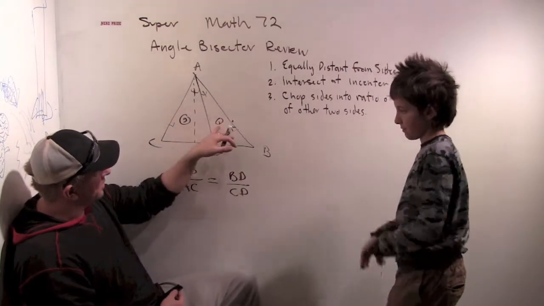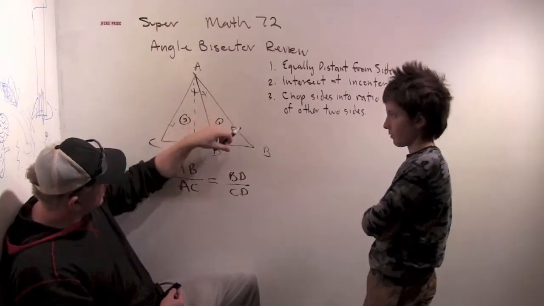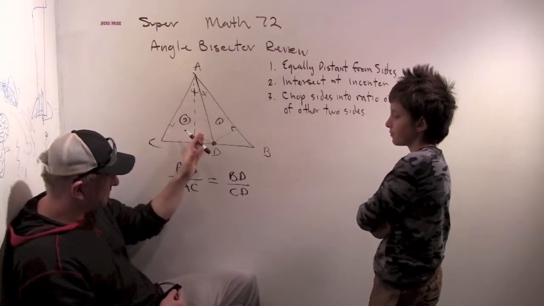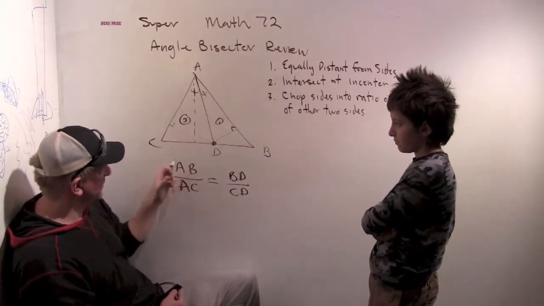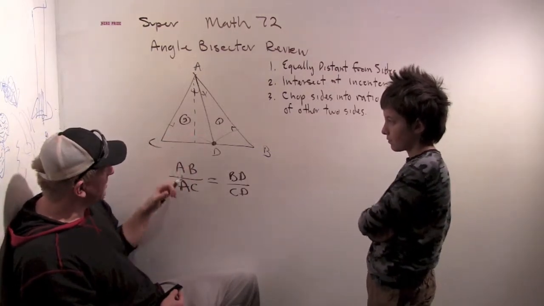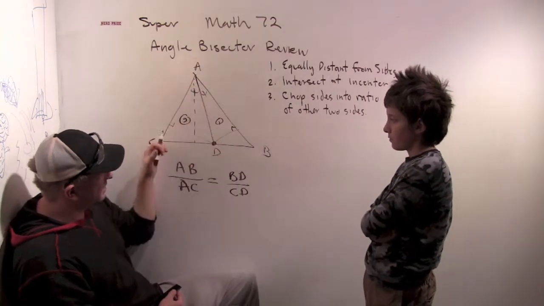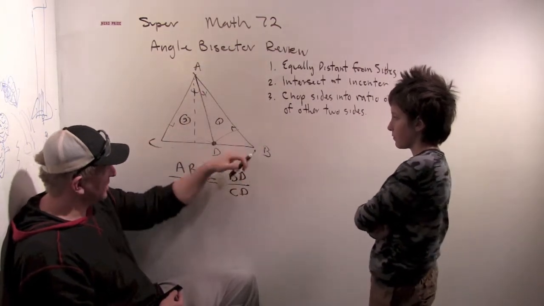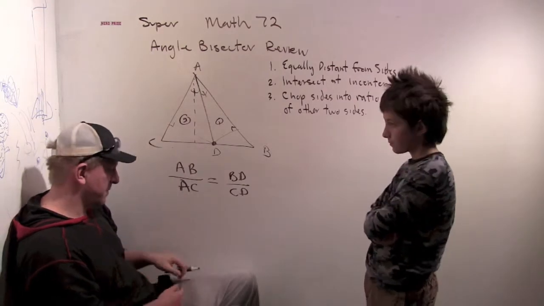The area of triangle 1 is 1/2 AB times height. The area of triangle 2 is 1/2 AC times height. When you look at the ratios, those cancel, leaving AB over AC. So AB to AC, this to this, has to equal BD to CD. Okay?